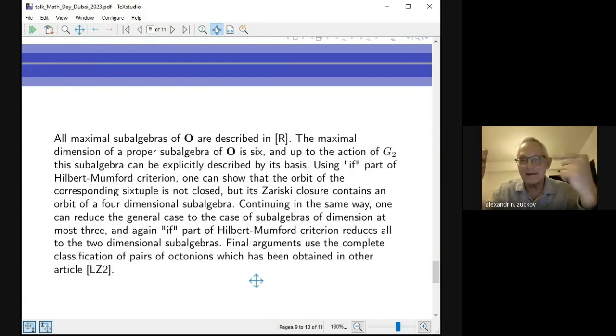And in this case, we can completely classify these couples of octonions, which has been done in another article by Artem Lopatin and me. And in the last case, when we are working with only a couple of octonions, it is just a case-by-case verification of our statement about separating invariants. So more or less these are the main steps, and this is an outline of our proof.